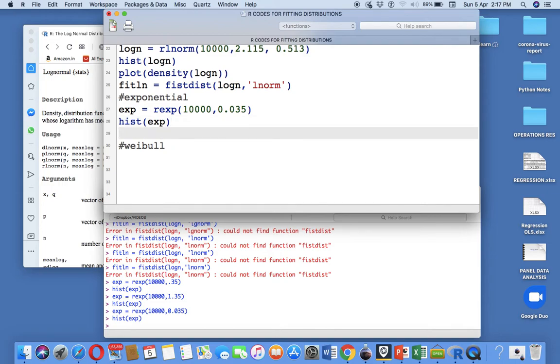So now, given this distribution, I'm now going to estimate it. So what do I call it? fit EXP.